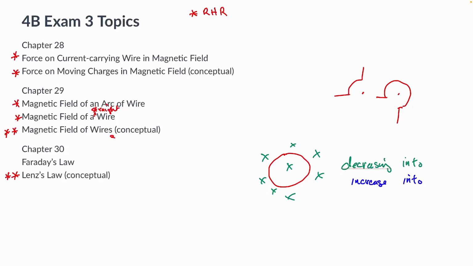It's a loop of wire, so our fingers have to be the loop, and our thumb has to be the field direction. So we're going to have an into. The coil's going to make an into field. So my right-hand rule, the hitchhiker, tells me I go thumb into the screen, and which way is the current coiling?